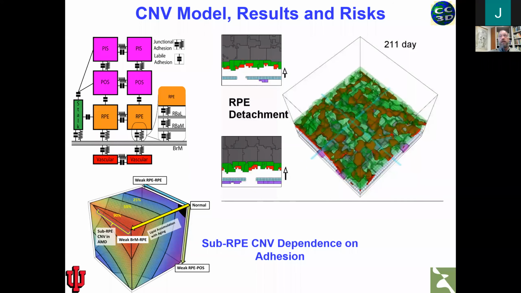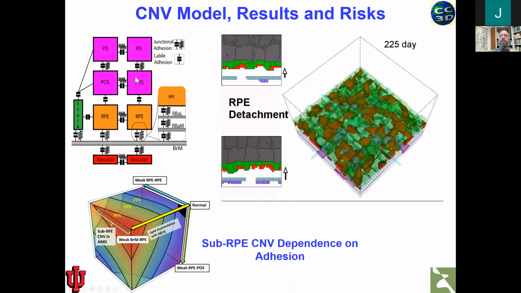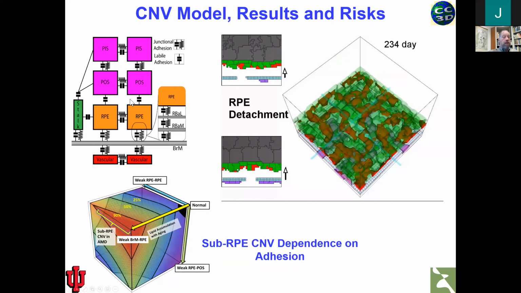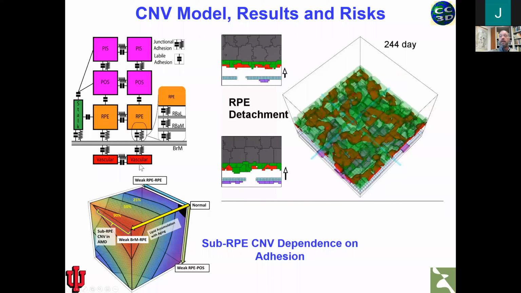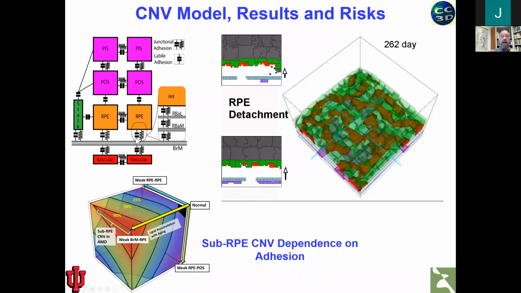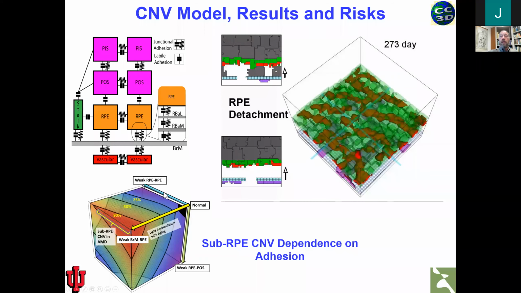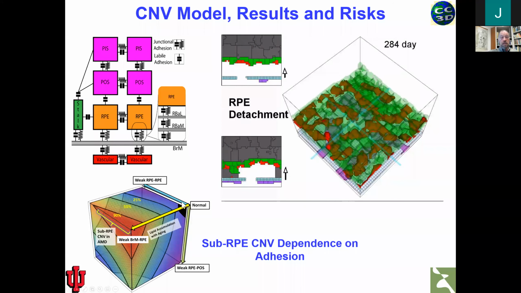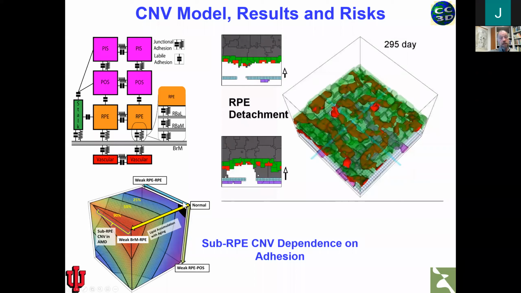Above those pigmented retinal cells, there are photoreceptors, which stick a little bit less strongly. And depending on what happens to disrupt these various aspects of adhesion, you can get different risks of blood vessel invasion.